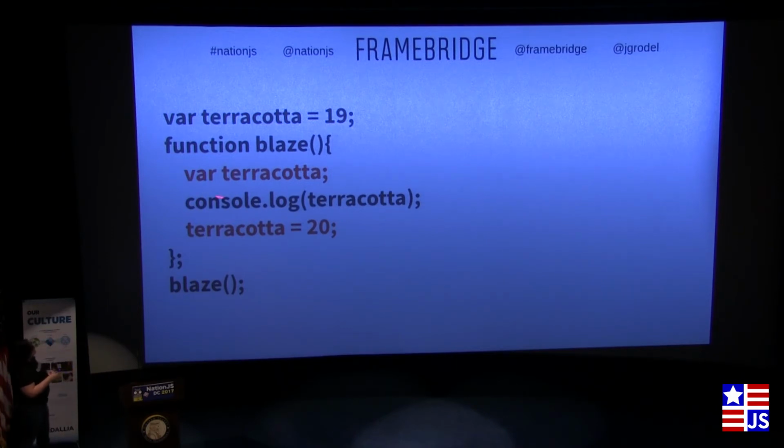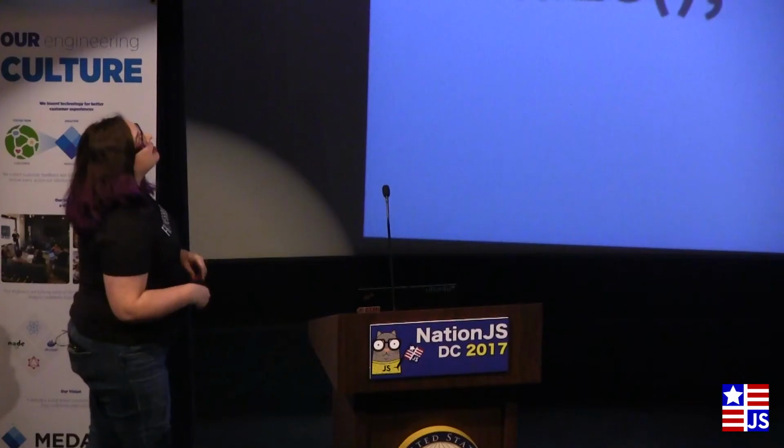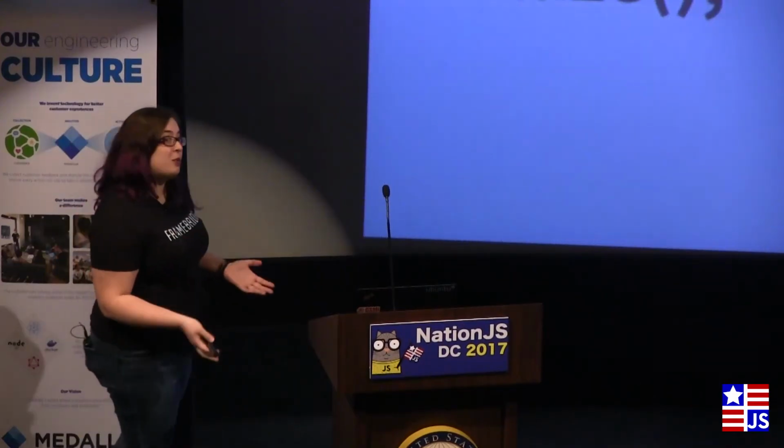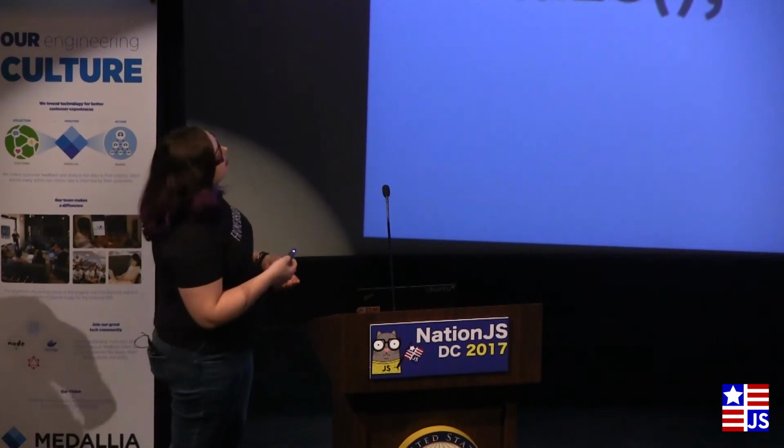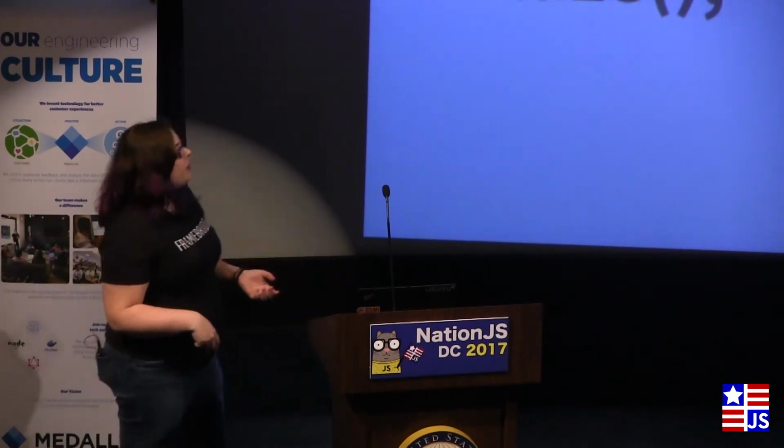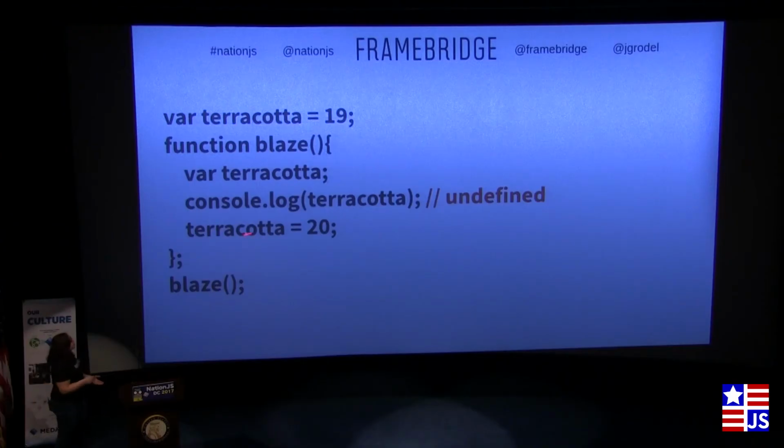So it brings it up to the top of that function. And then it lets the rest of the code execute. It leaves the terracotta equals 20 down where we had initially set up terracotta. So when we call blaze, and we make it to this console log, terracotta has been initialized, but we haven't actually put anything in it, so it's undefined, and we'll get that undefined. We can then go on to put a value in terracotta, and if we use terracotta somewhere down here, after that, we get that value 20.